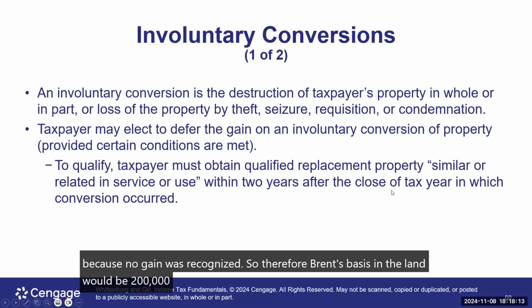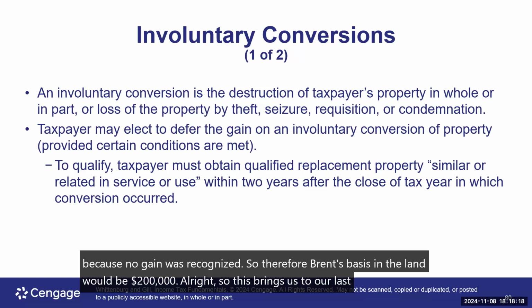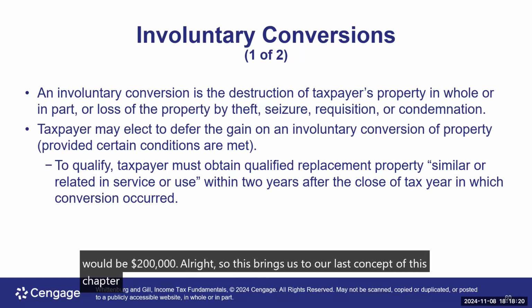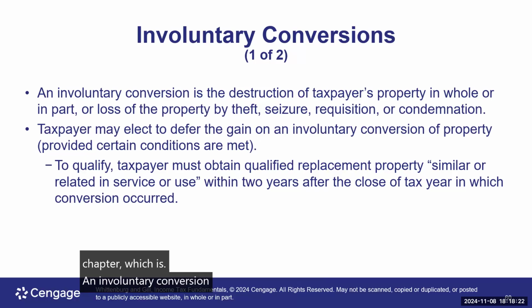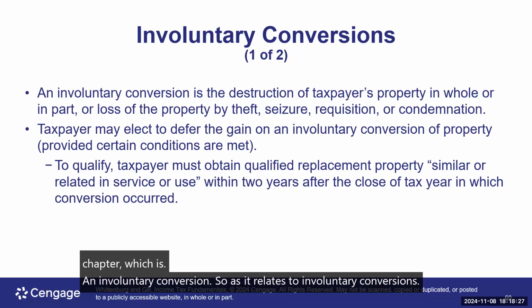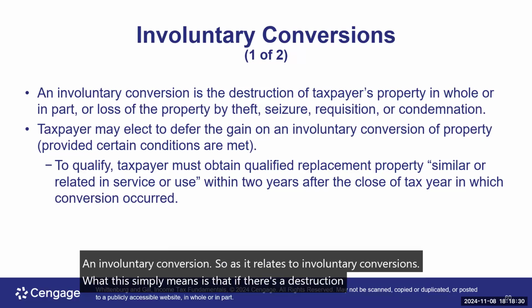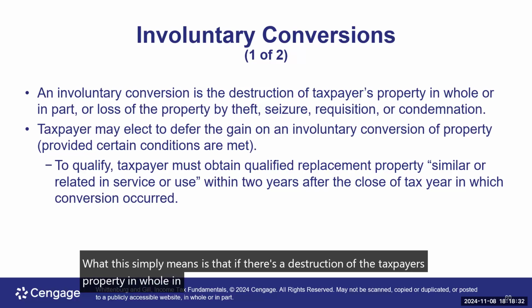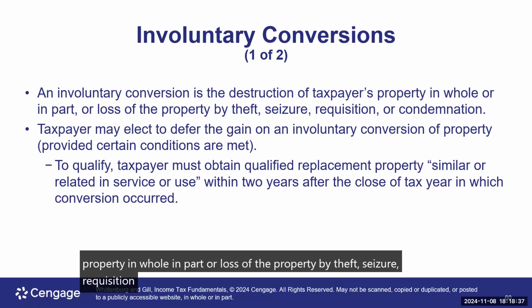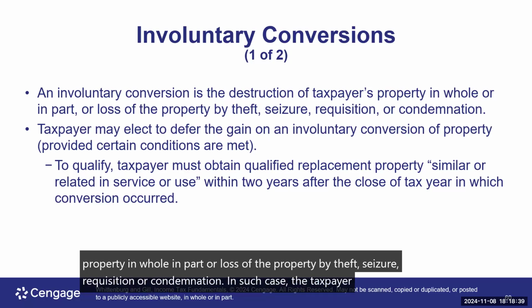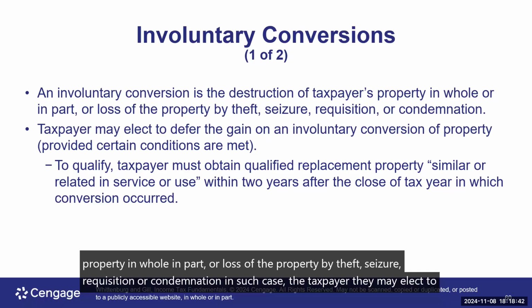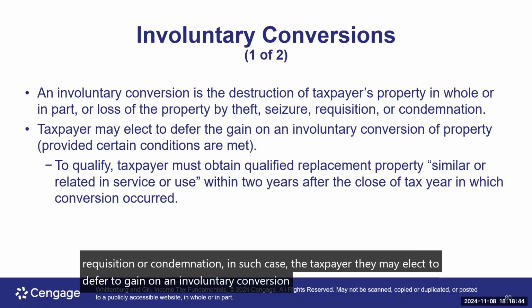$200,000. All right. So this brings us to our last concept of this chapter, which is an involuntary conversion. As it relates to involuntary conversions, what this simply means is that if there's a destruction of the taxpayer's property in whole, in part, or loss of the property by theft, seizure, requisition, or condemnation, in such case, the taxpayer may elect to defer the gain on an involuntary conversion of property, provided certain conditions are met.